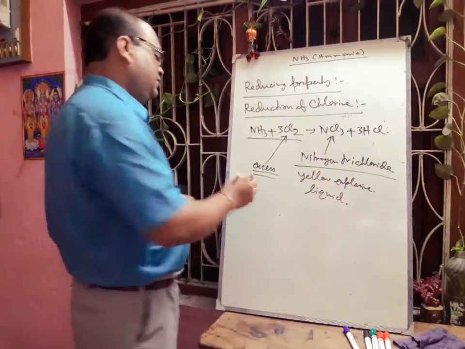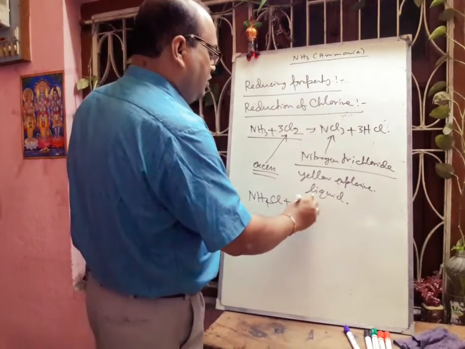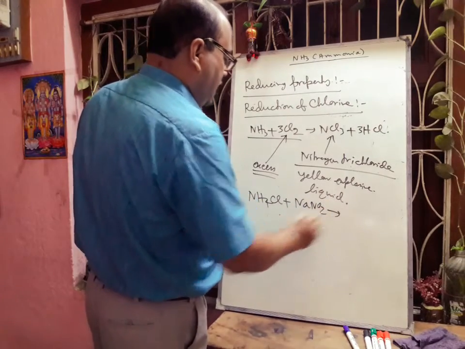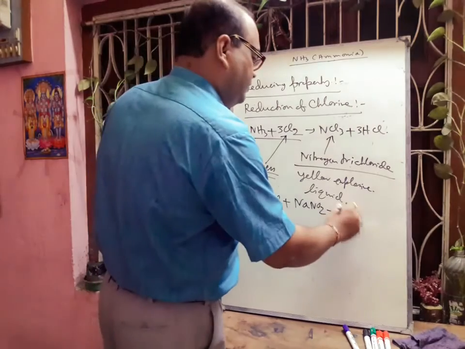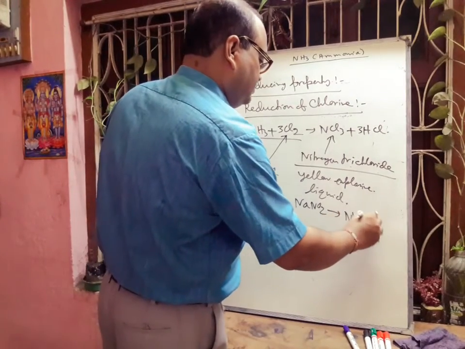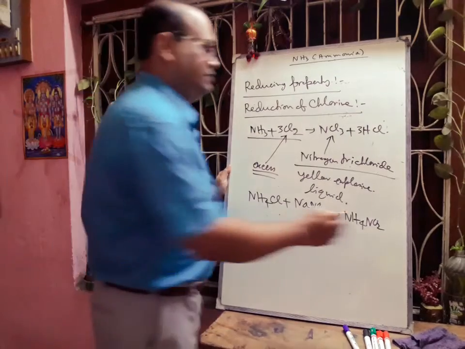So here NH4Cl will react with NaNO2, and that will form NH4NO2, that is the ammonium nitrite, and NaCl.